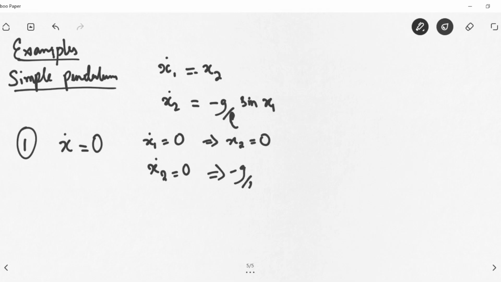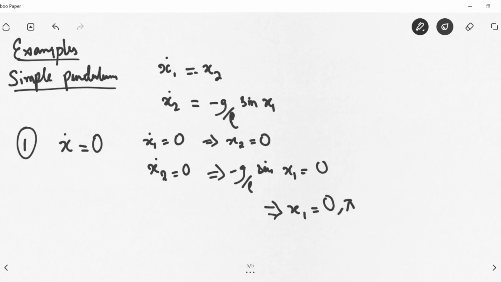minus g by L sine of x1 is equal to 0, which implies x1 can be 0, it can be pi, it can be 3 pi, but all those other values are repeats. 3 pi is actually equivalent to pi, and 4 pi, 5 pi will be again equivalent to 0 or pi only.